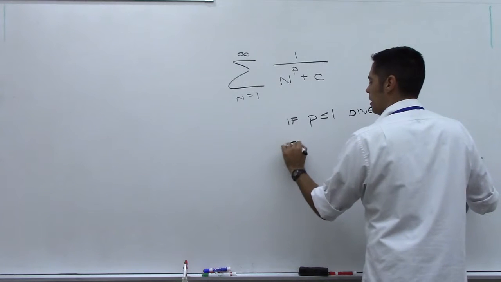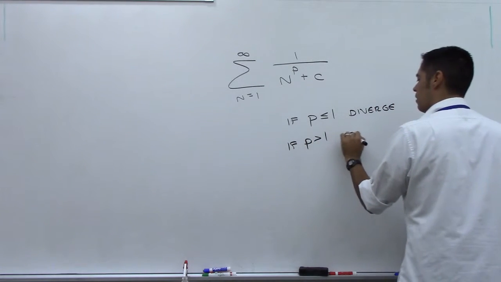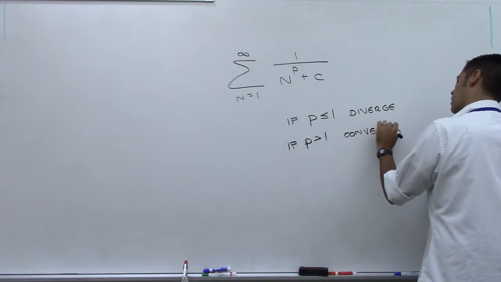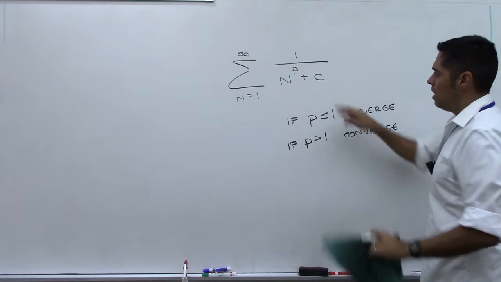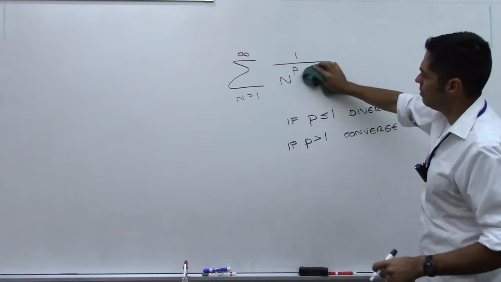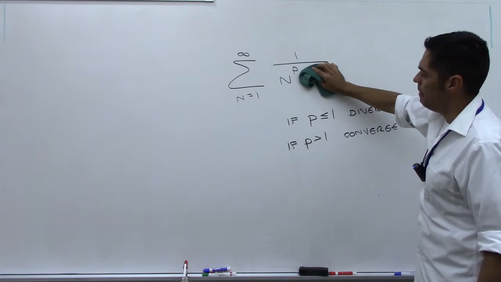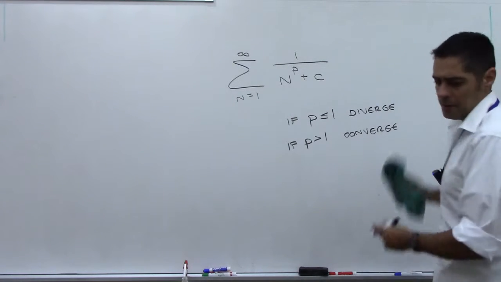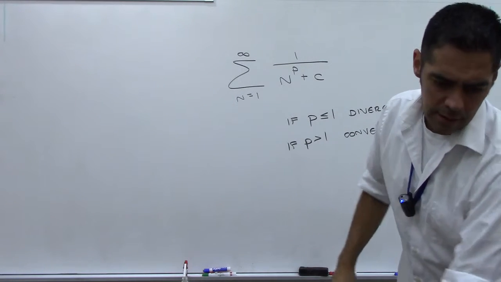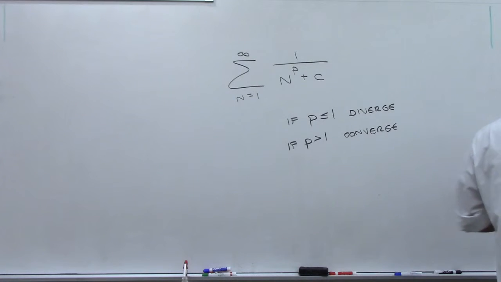If p is greater than 1, it will converge. So having a constant out here, like that's a p-series, having a constant out there has no effect on anything. It's still going to hold true.